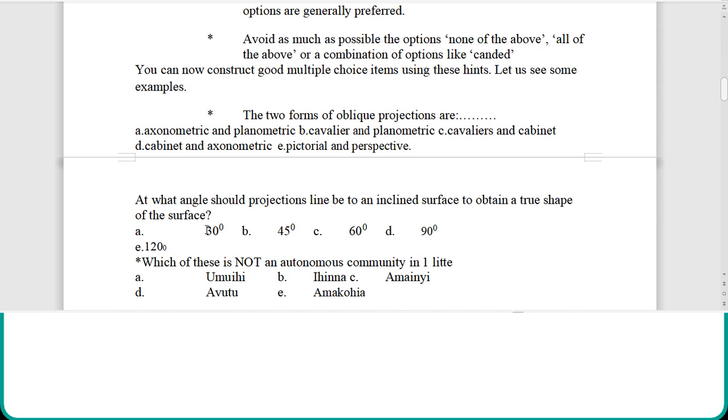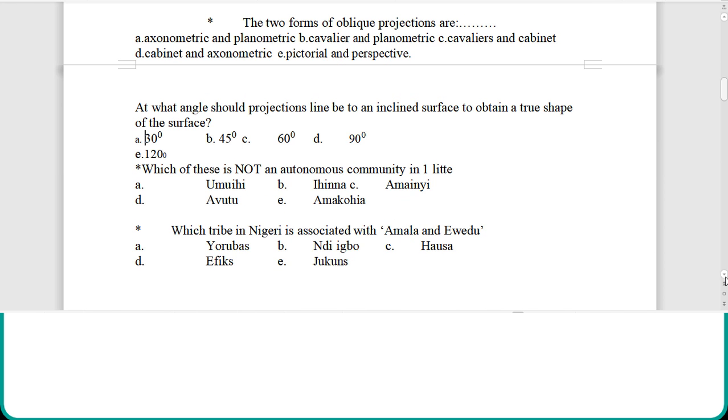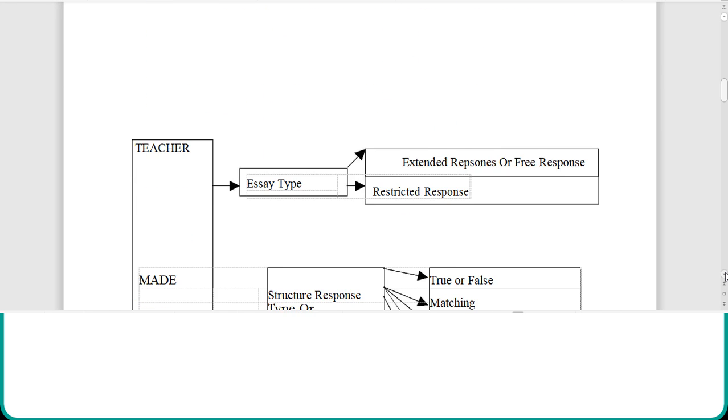A. 30 degrees, B. 45 degrees, C. 60 degrees, and D. 90 degrees. Or you can also put E. 120 degrees. So in this way you can put MCQ type questions.